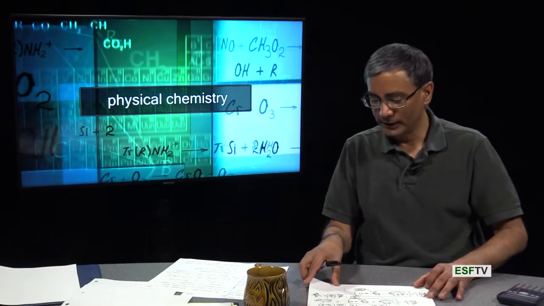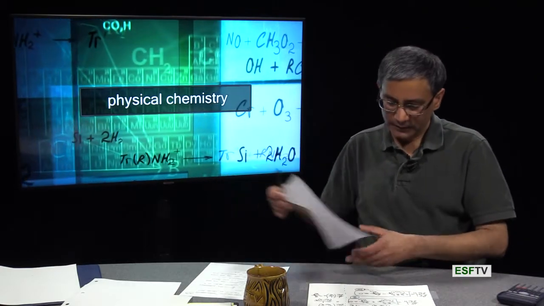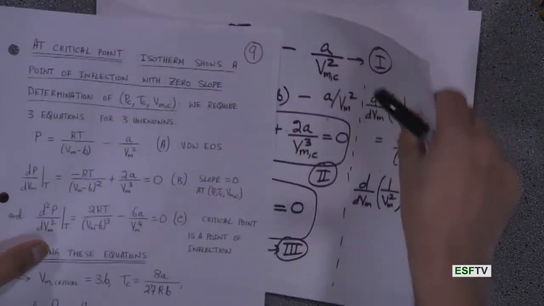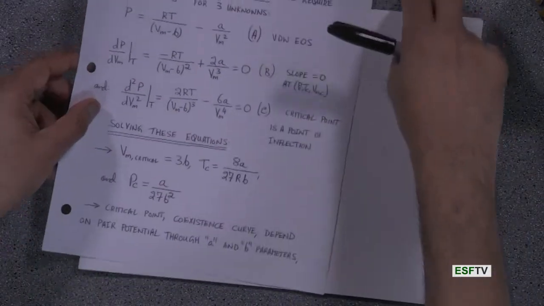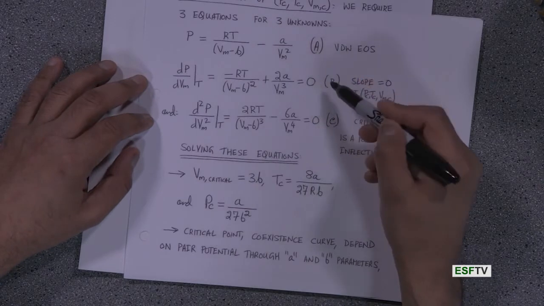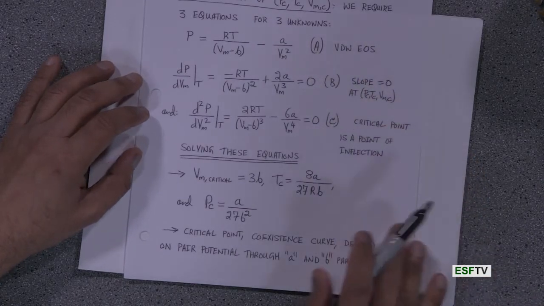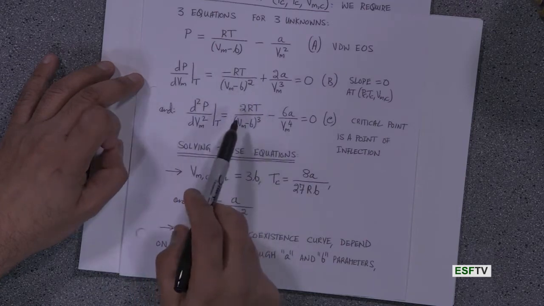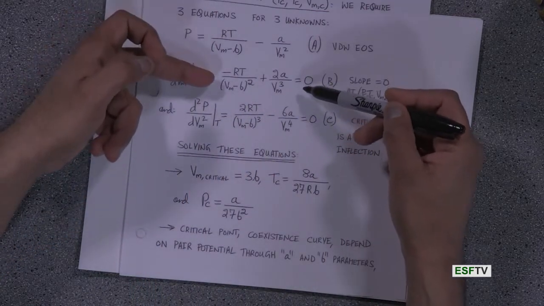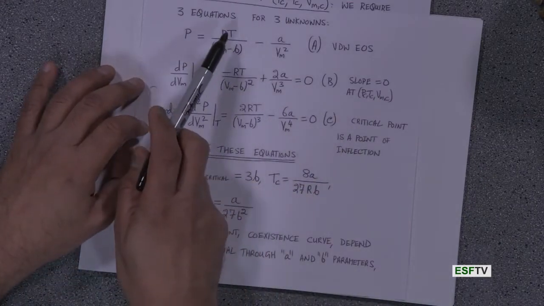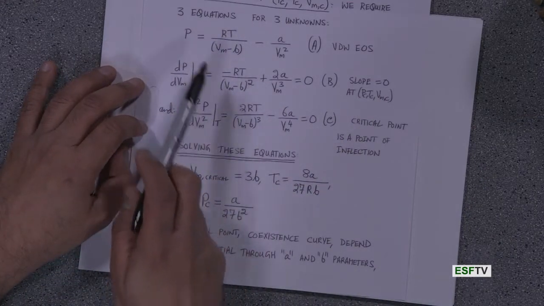And if you look closely, these are the same, or should be the same, if I did things correctly, as the 3 equations on this page. What I called equations A, B, and C are what we had there. So we plug in T critical, V molar critical in each of these, equation A, equation B, equation C. We have now 3 equations in 3 unknowns that are the T critical, V molar critical, and the P critical.